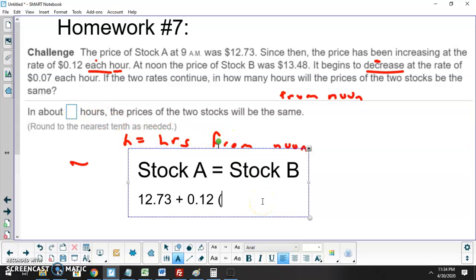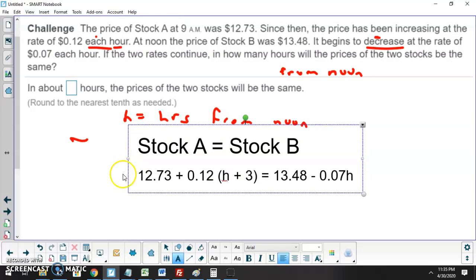So since it's increasing 12 cents each hour, there's actually 3 additional hours that it's increasing. So we're going to put this in parentheses. We're multiplying 12 cents by not just H, but by the quantity H plus 3, because it's increasing for 3 additional hours. The other stock, 13.48, is decreasing, so we're subtracting, and it's starting at noon, and it's decreasing 7 cents each hour from noon. So that's pretty straightforward. You don't have to adjust the H in that case.